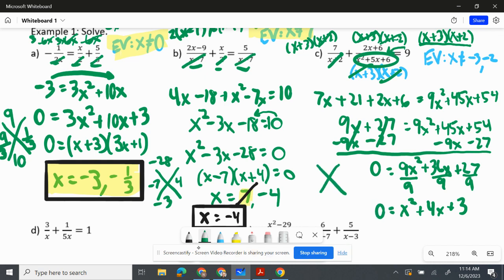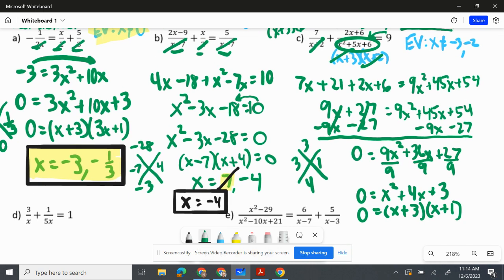And so two numbers that multiply together give us 3 and add up to 4 would be 3 and 1. So x plus 3, x plus 1. And that means that my answer would be -3, -1, but when we look at our excluded values, we see a -3, so that means that we need to eliminate it, and our answer is just x equals -1.